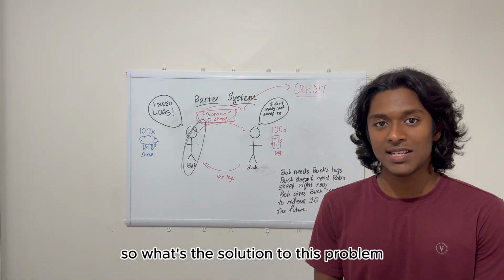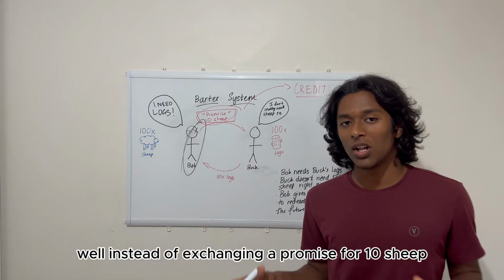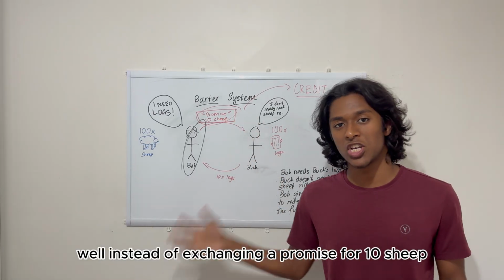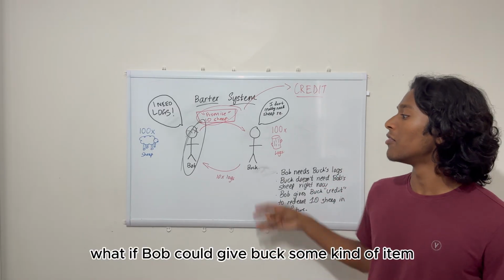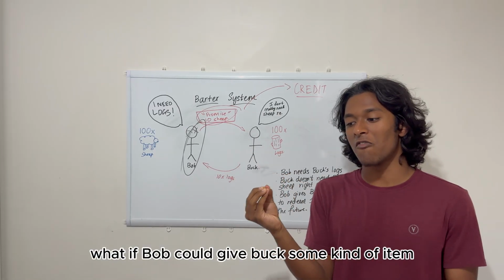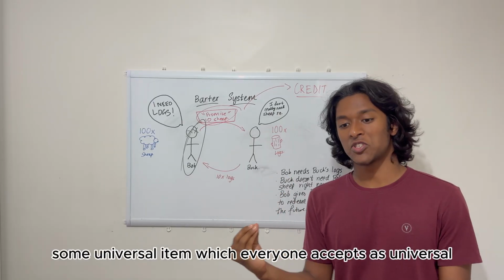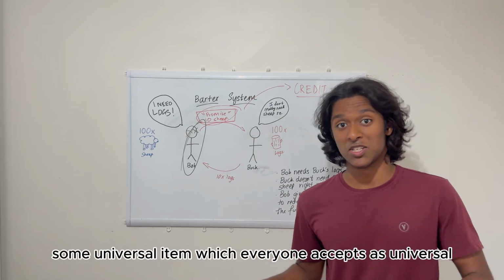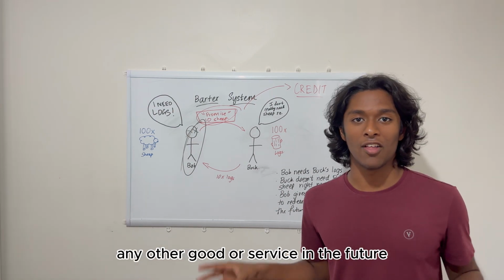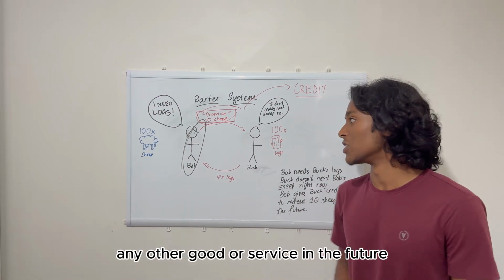So what's the solution to this problem? Well, instead of exchanging a promise for 10 sheep in the future, what if Bob could give Buck some kind of item, some universal item which everyone accepts, and this item can be used to purchase any other good or service in the future?